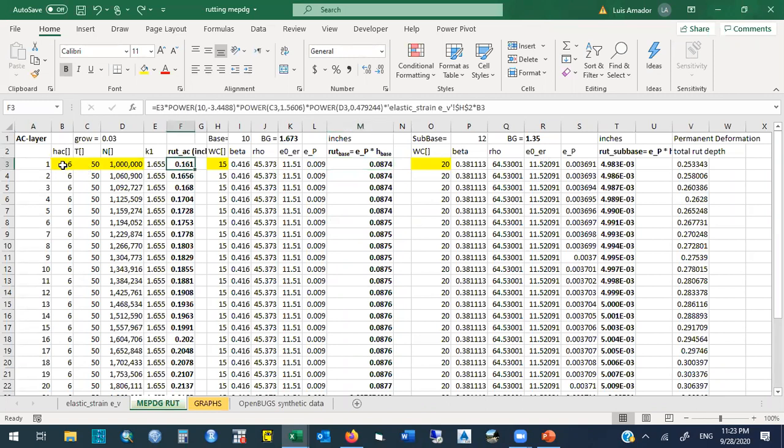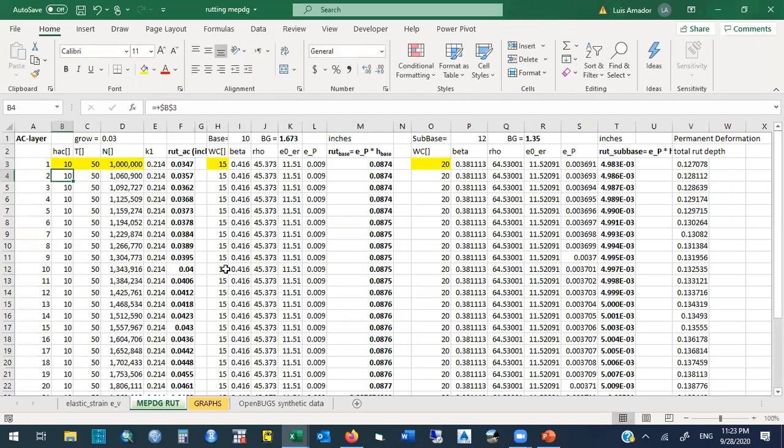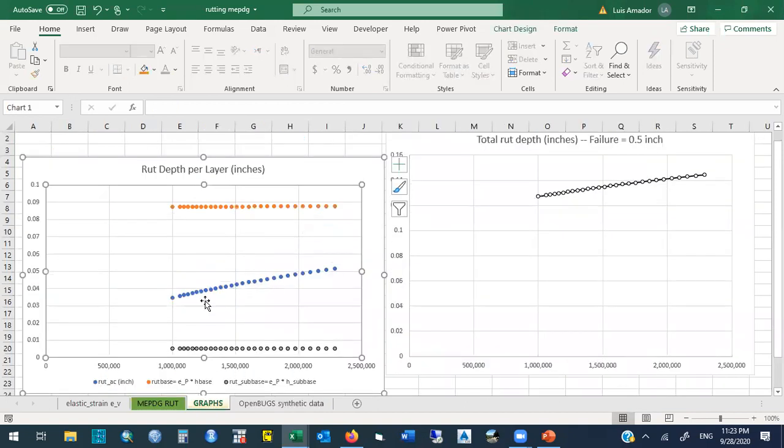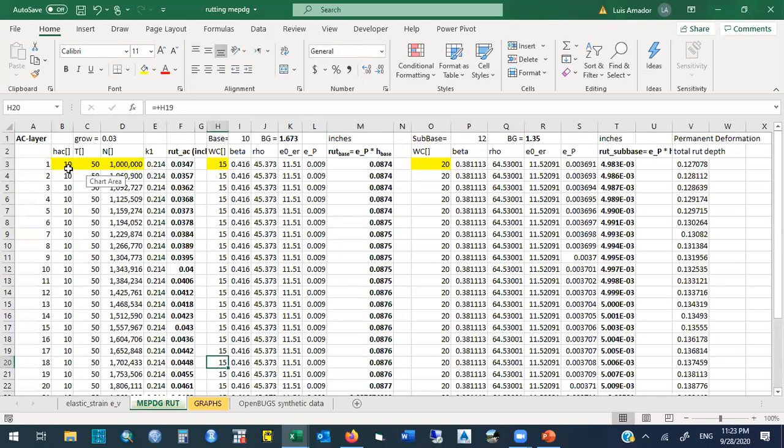Probably I'm using a 6 inches asphalt cement layer, very skinny. If I increase this, the rutting on the asphalt will go down, and now it's gonna look more considerable. See? Now the rutting on the base is more important than the rutting on the other one. It's because I use a very skinny layer here.